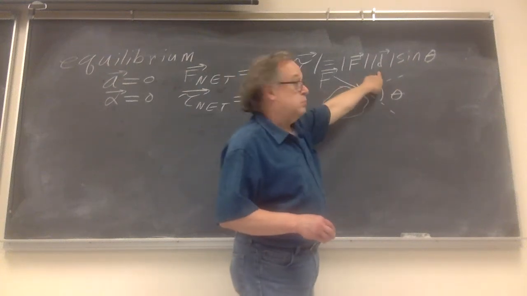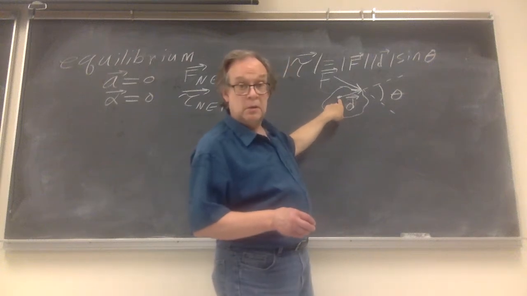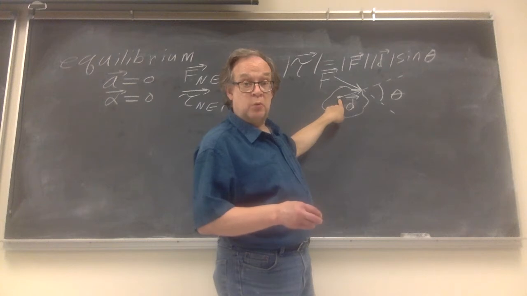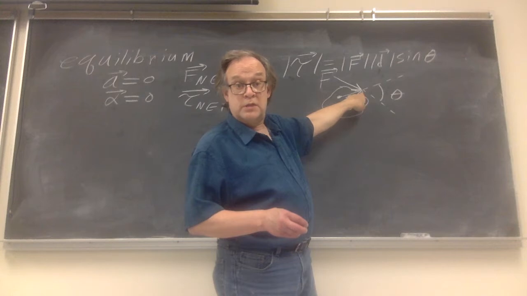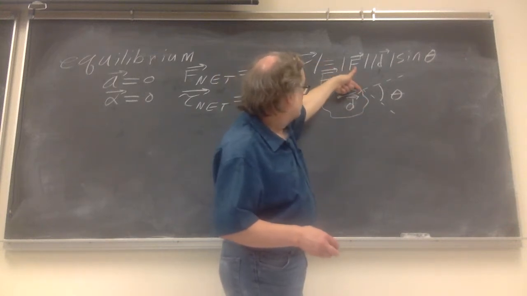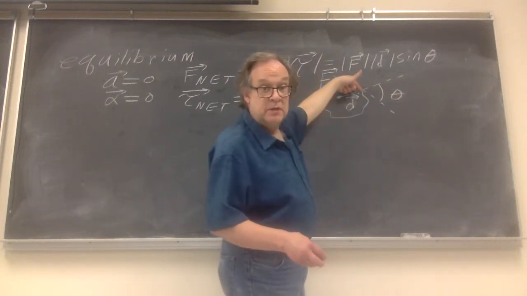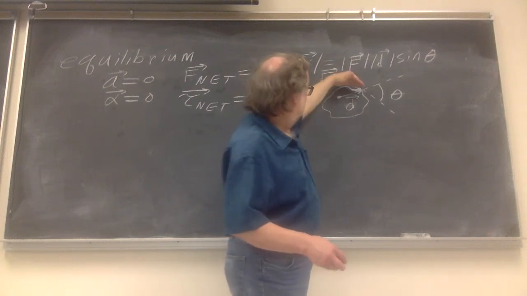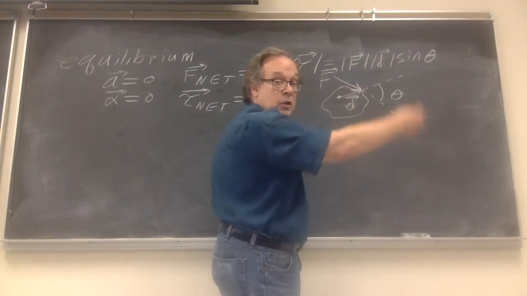This displacement vector always starts at the reference point or pivot point and then goes to the point where the force is being applied. In this case, I'm imagining that this force is pushing in this direction on this piece of the object. Of course, if you push that way on the object, it'll make the object rotate clockwise.